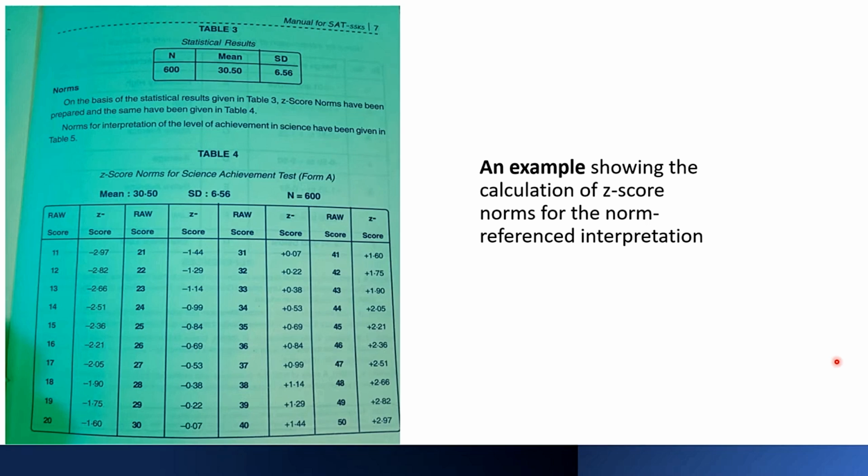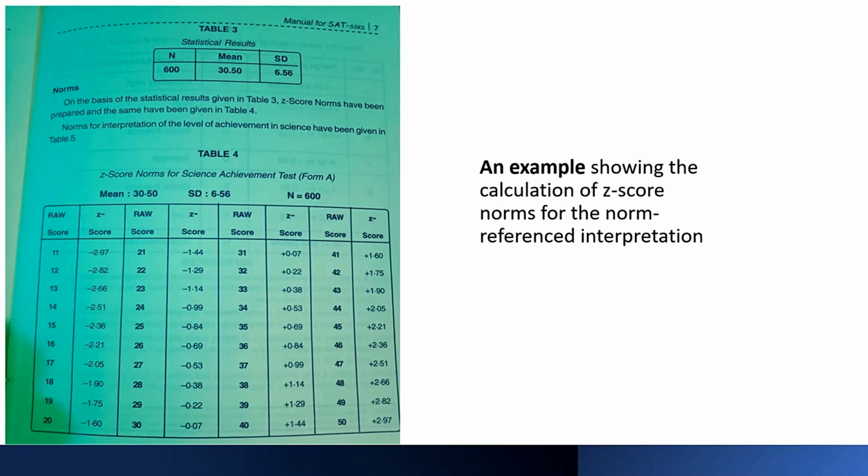So here in this example, you can see the raw scores have been converted to Z score. By converting the raw scores into derived scores, we bring them on a common scale. Then it becomes easier to compare the performance of the individual between two different subjects.